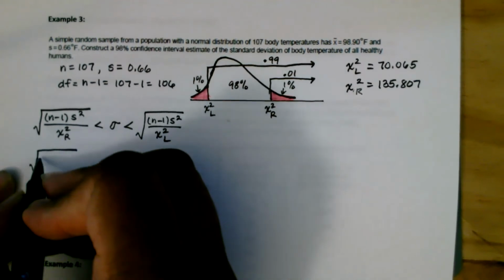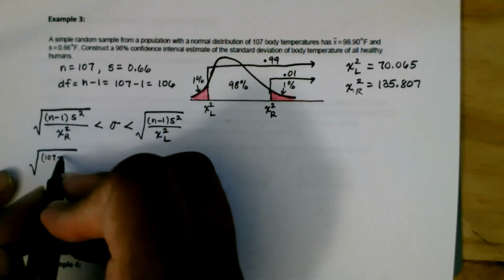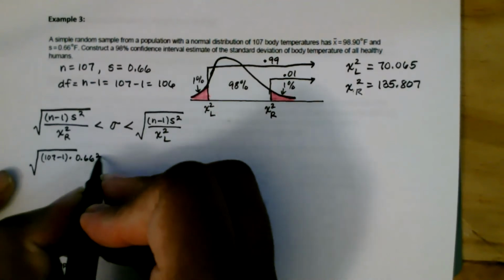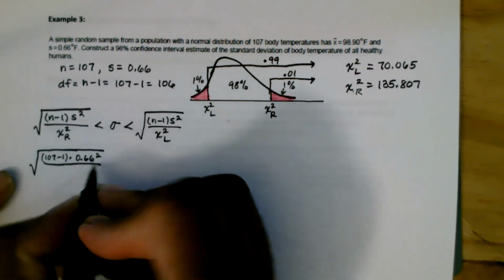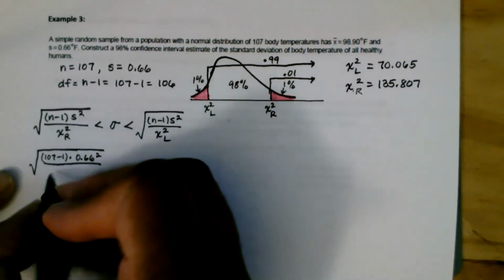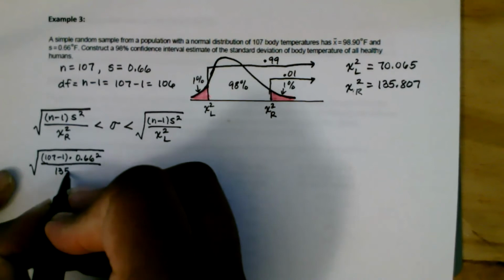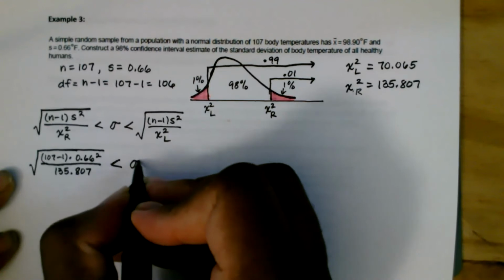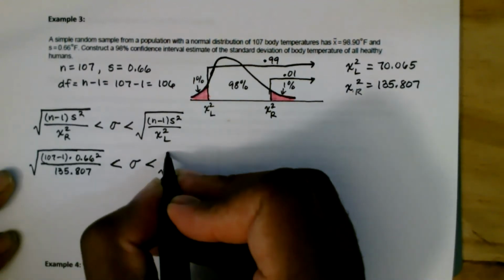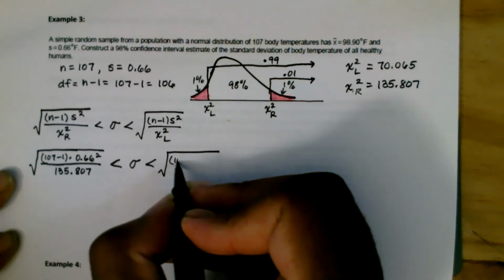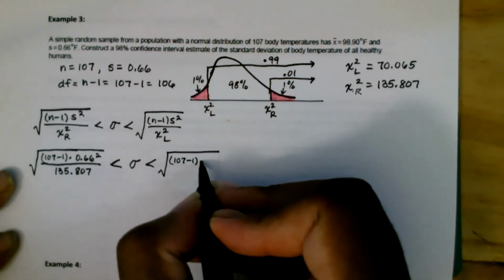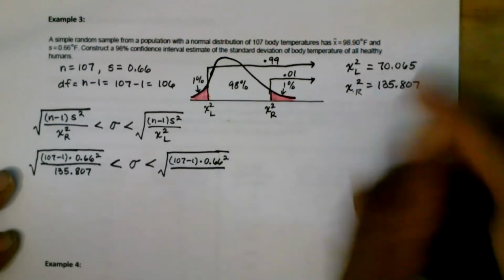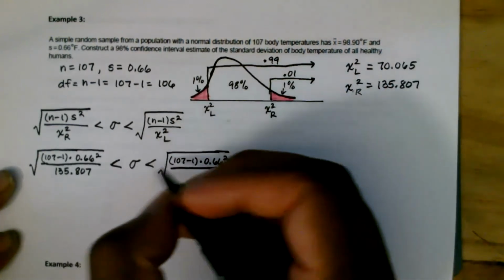The n is 107 minus 1 times s, which is 0.66, squared, divided by the chi-square value on the right, 135.807, and that's less than sigma and less than the square root of. Now the numerator is still going to be the same, so I'm copying that over. The denominator is going to be different. The chi-square value on the left, that's 70.065.